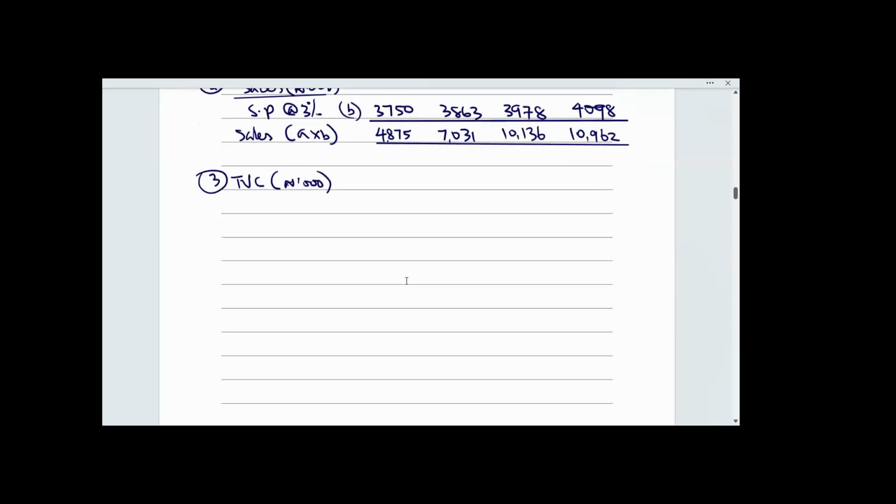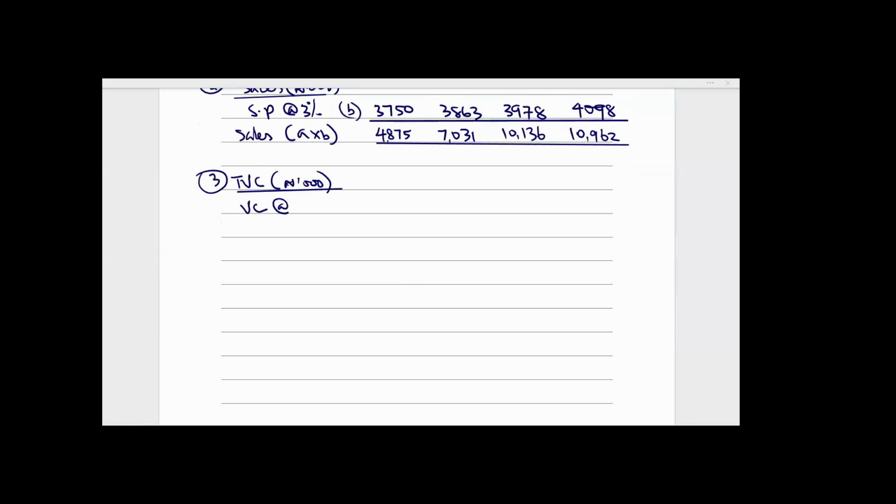Variable cost per unit, according to the question, in the next bullet point after the selling price, you are told that in the first year, total variable cost per unit will be 1,800 naira, but this will increase by 8% per year thereafter.